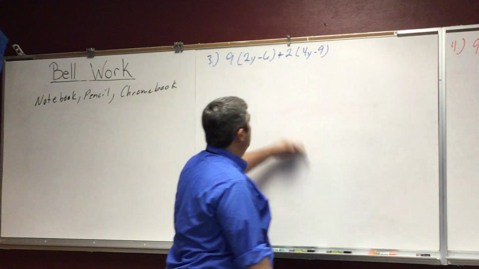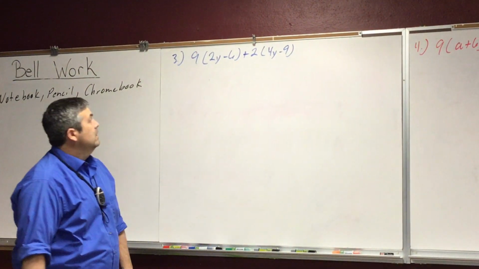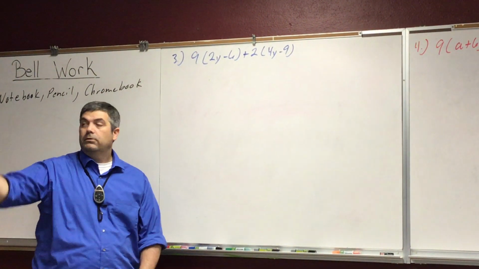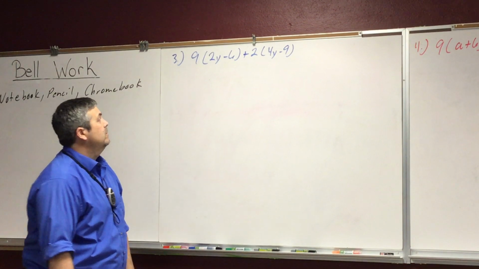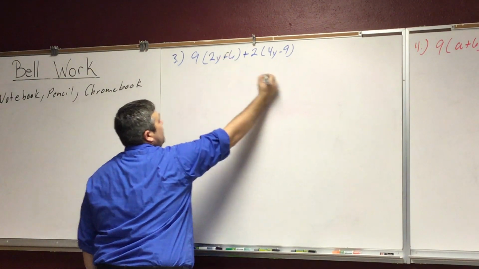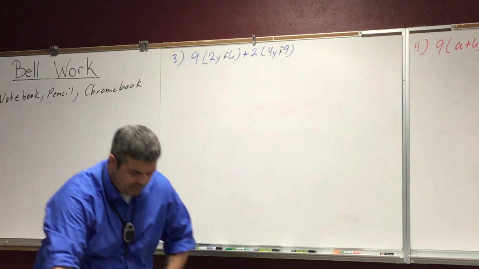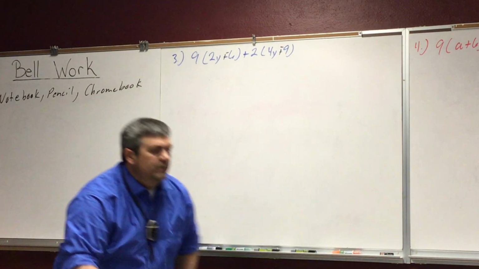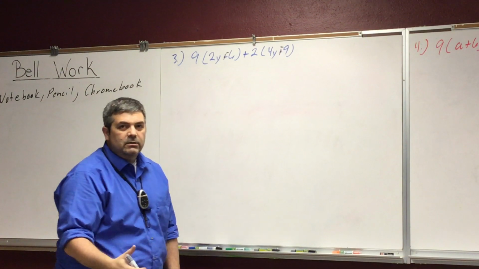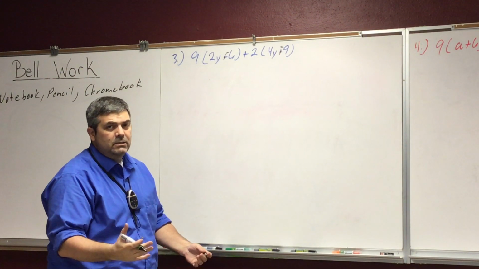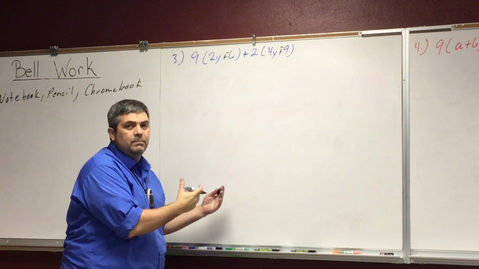All right, we have this one. It's basically the same as those. So we're just going to distribute. Do our click, click right here. Remember, I only do that if it's subtraction. If it's addition, I'm not changing it. That's what I wanted. I want it to be addition.